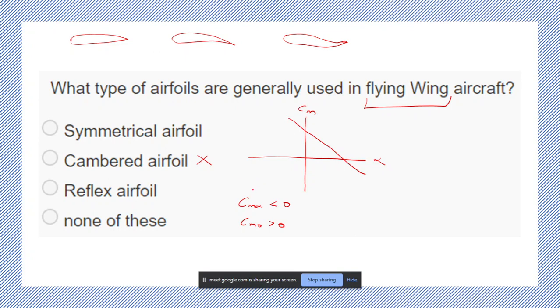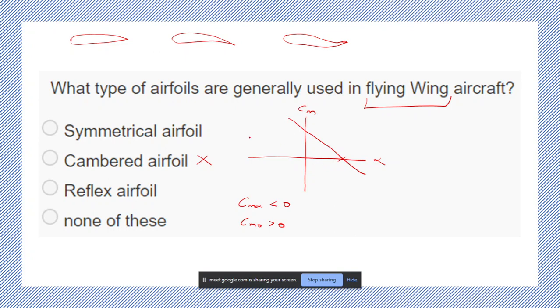Yes, for trimming. Can you be a little more specific? Exactly, for trimming at a positive angle of attack.